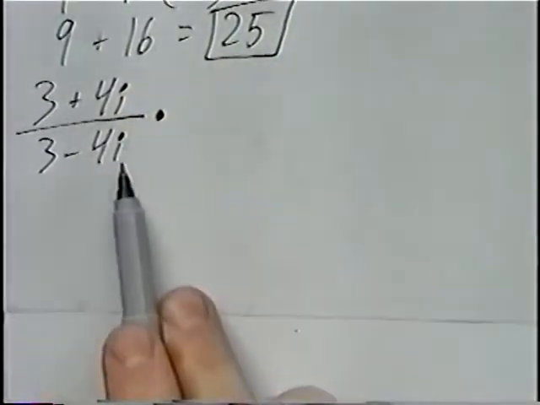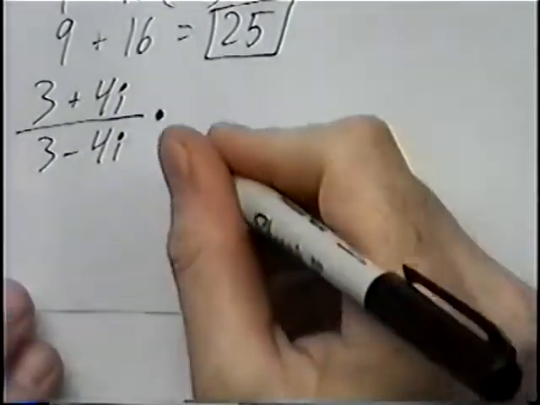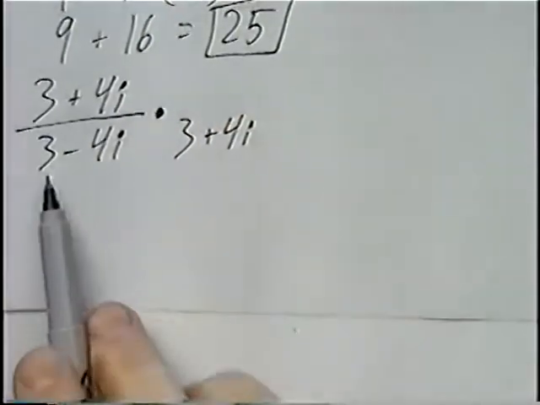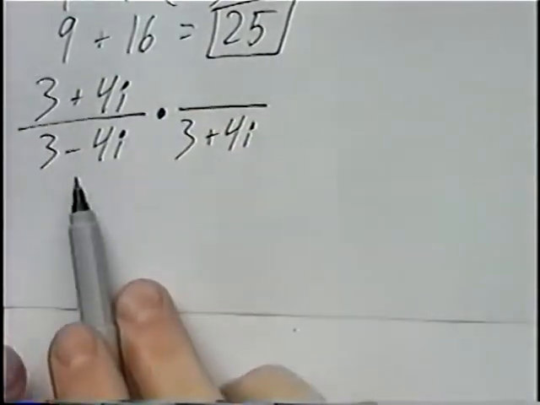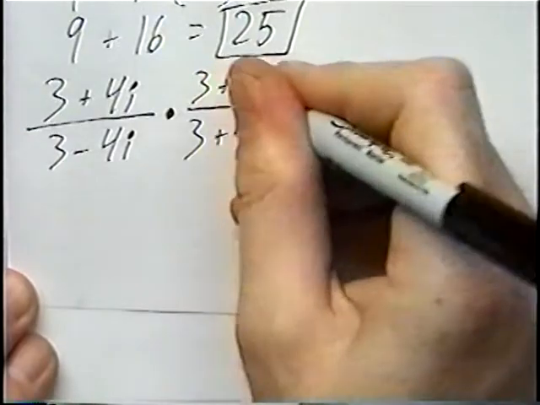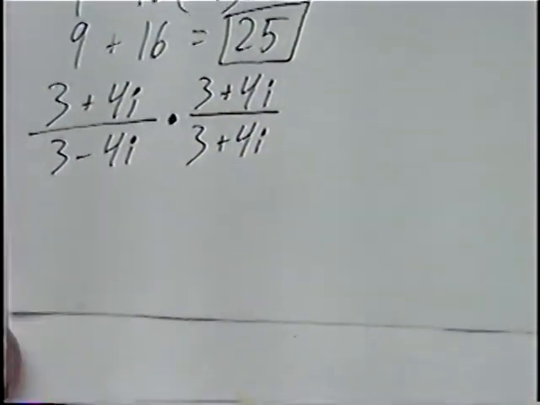To cancel out the i in the denominator, if we have 3 minus 4i, we can multiply by the opposite or conjugate of that, which would be 3 plus 4i. If we multiply the denominator by 3 plus 4i, we'll multiply the numerator by the same 3 plus 4i.